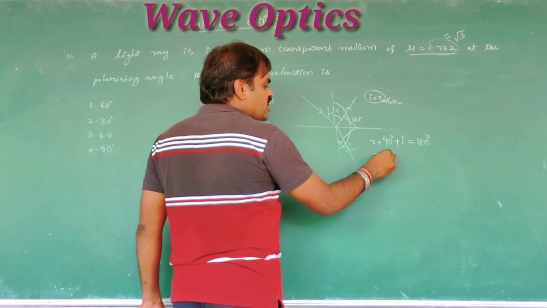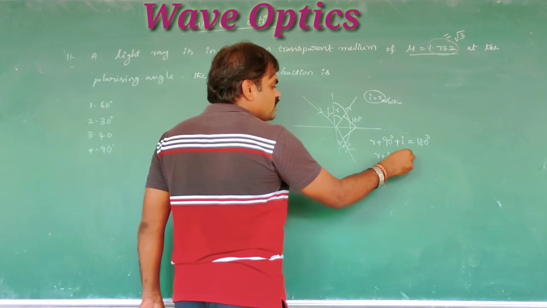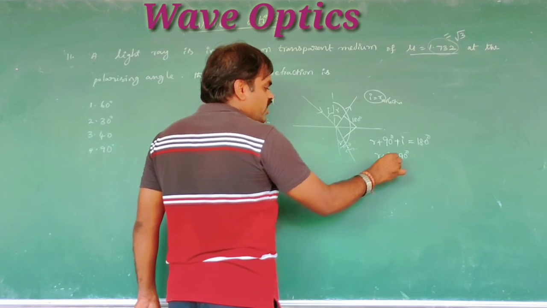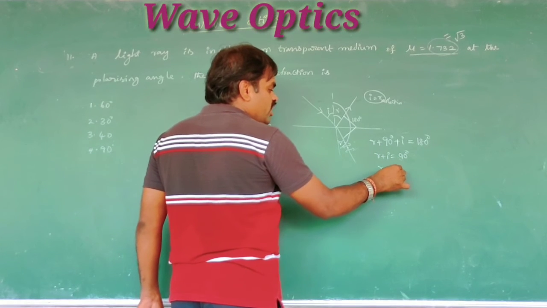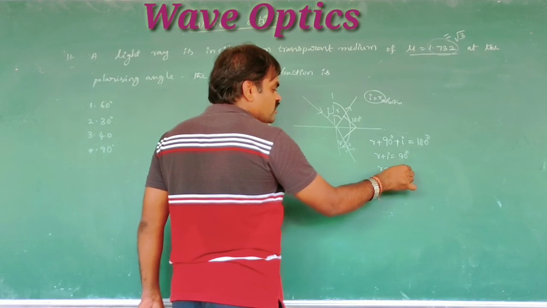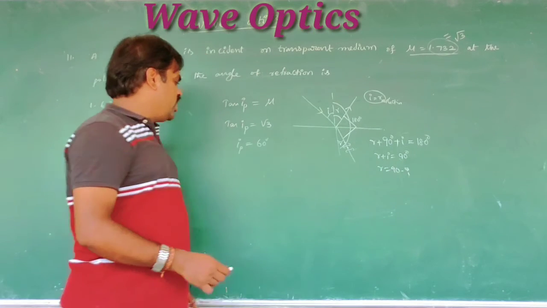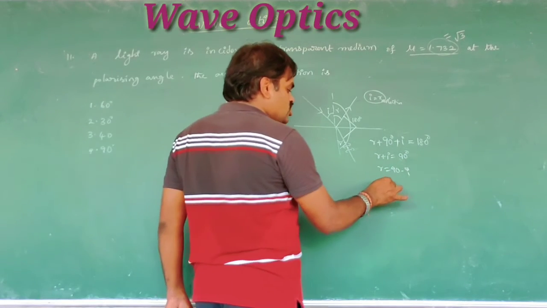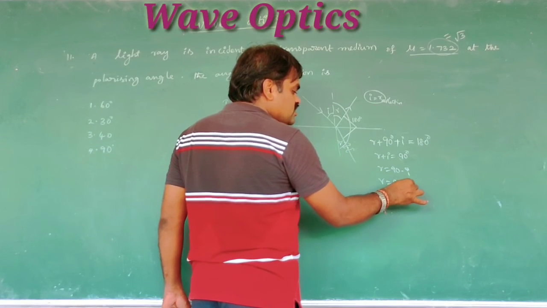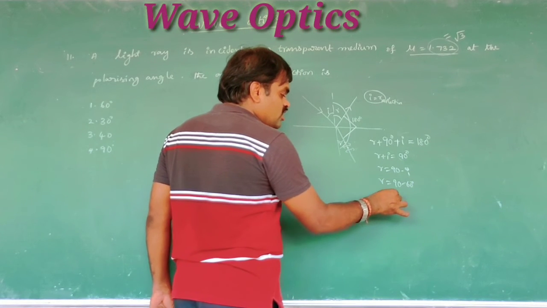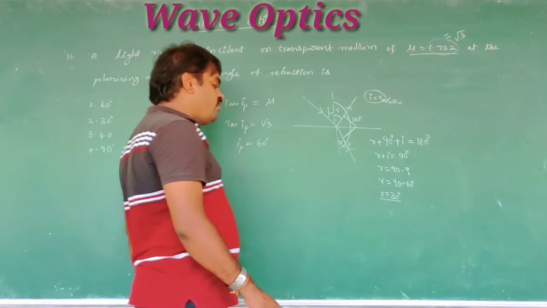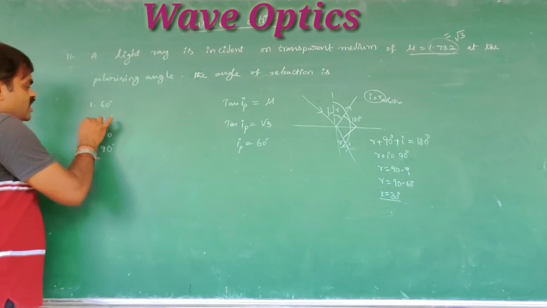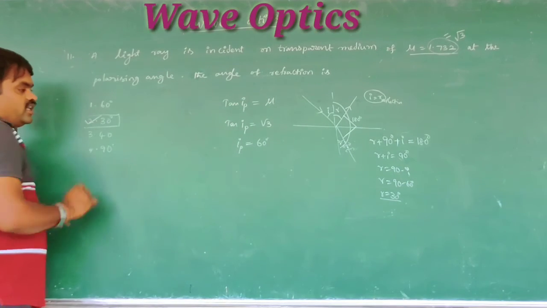That is R plus I is equal to 90. Then R is equal to 90 minus I. What I value do you get? 60. That is R is equal to 90 minus 60, R is equal to 30 degrees. This is the angle of refraction. The angle of refraction is 30.